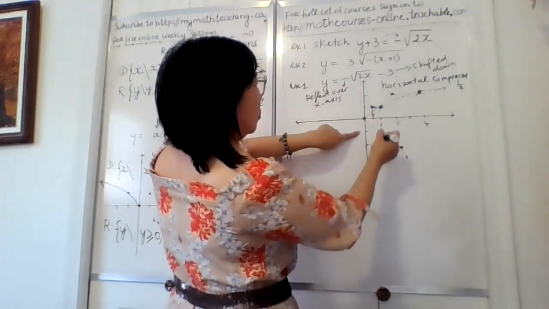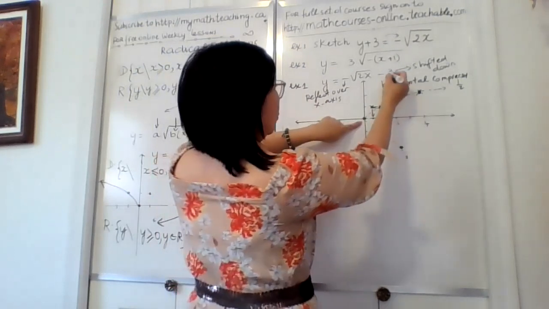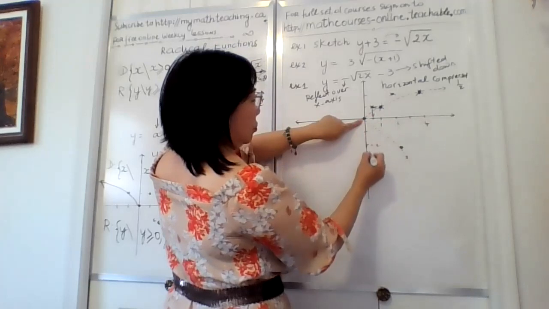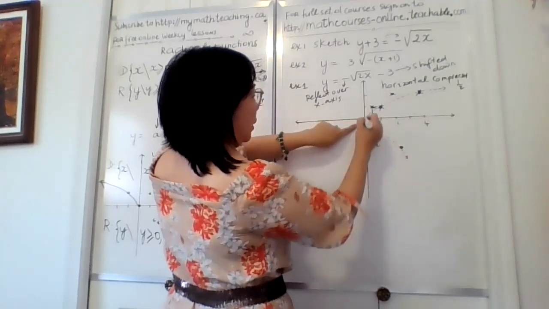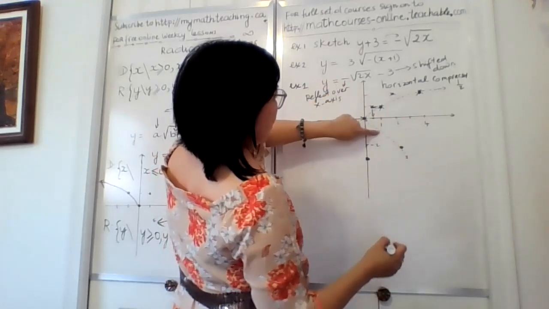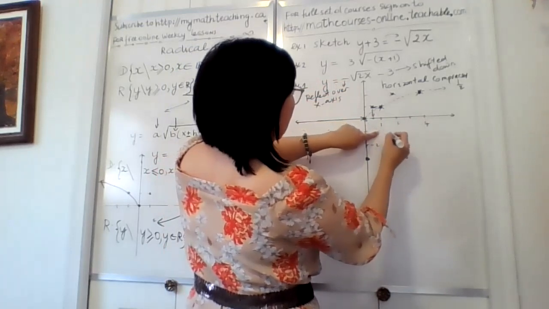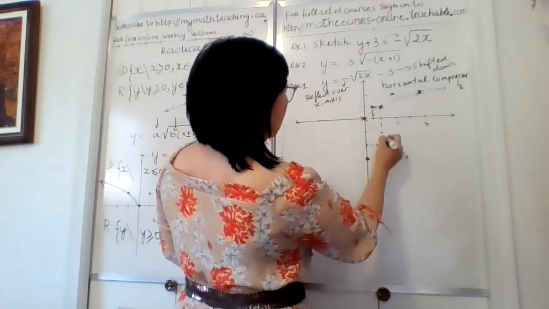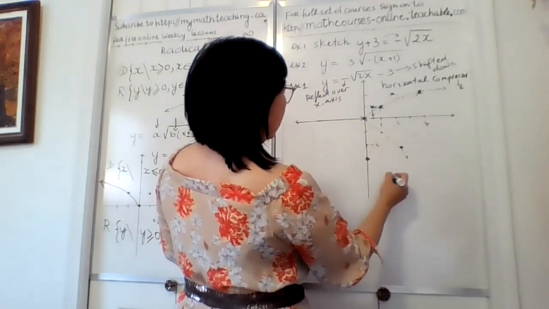So now these base points will move down by 3 units. The 0 here will move down 1, 2, 3. So this point will become this point right now. So let's get rid of that. This point right here will move down 1, 2, 3, so it becomes this point.